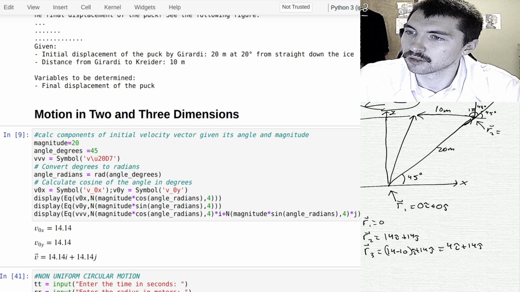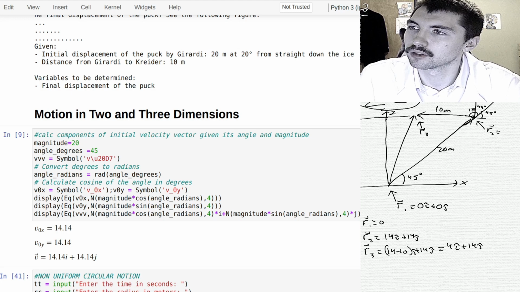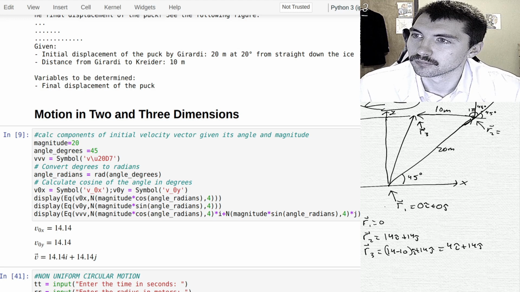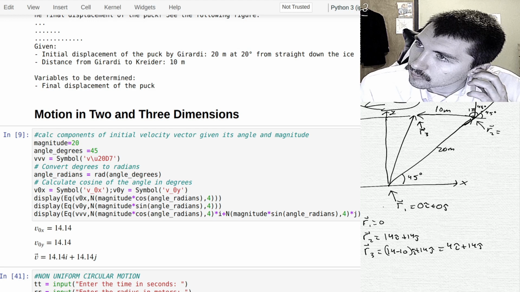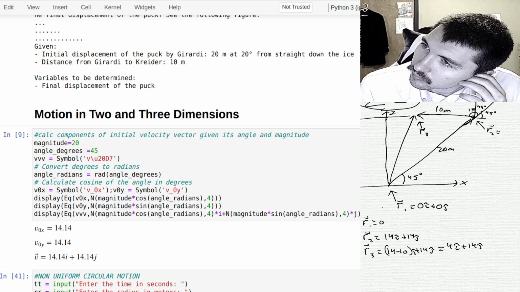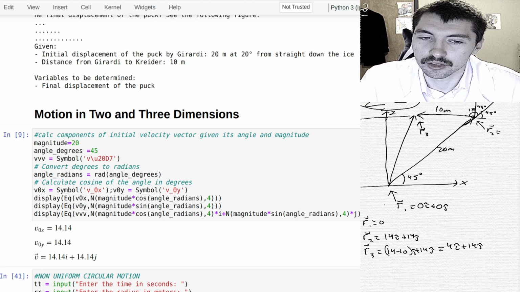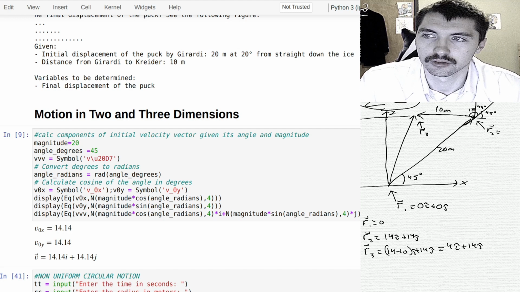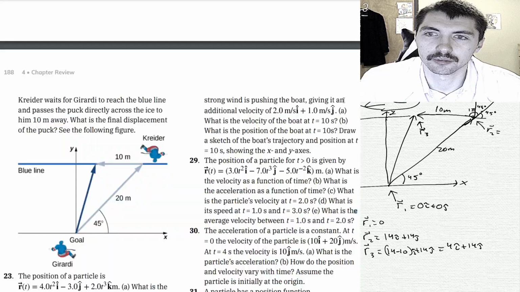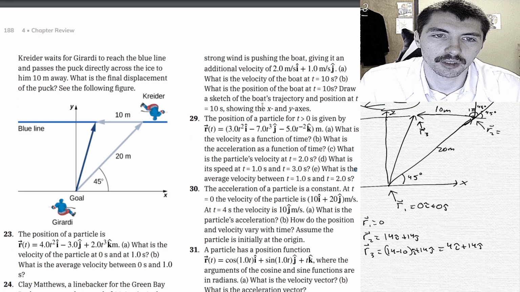Okay. So this is R3. So I think that's the answer. Yeah, I'm happy to move on.